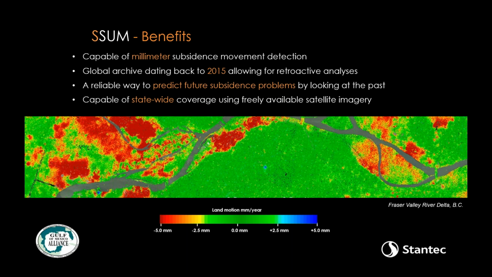There's really no better way to predict subsidence problems than by looking to the past. And the beauty, again, of satellite imagery, we can do statewide coverages. We use a freely available satellite imagery archive. This is for an area in the Fraser Valley Delta in British Columbia. You can see the areas in red are subsiding at a rate of 5 millimeters per year.